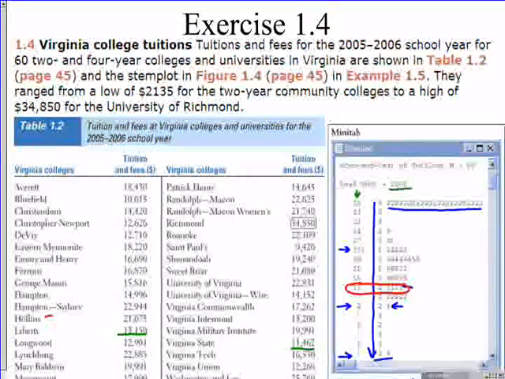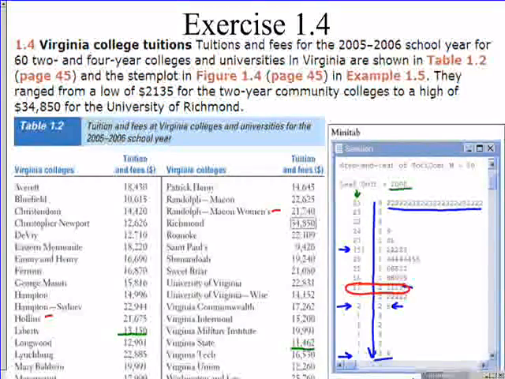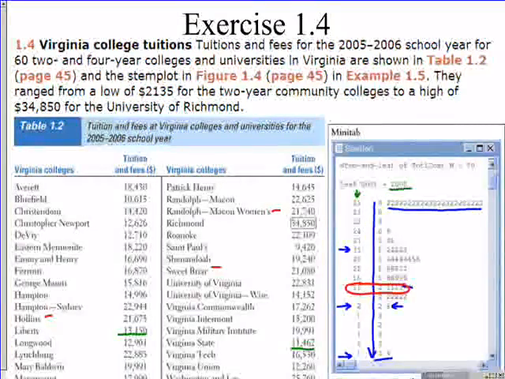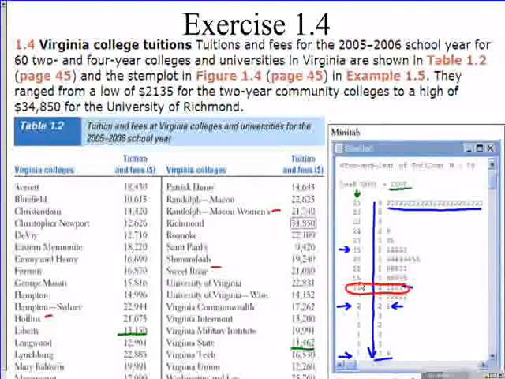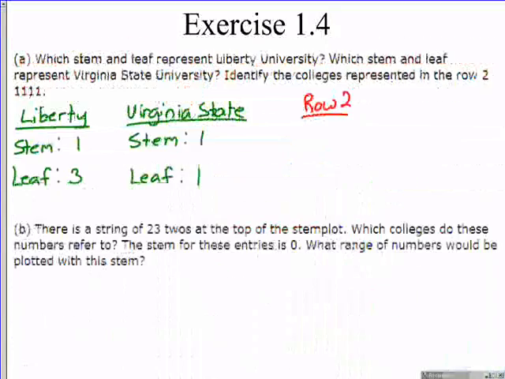There's one there that costs $21,000. There's one there that costs $21,000. There's one there that costs $21,000. And the bottom one you can't see here on your screen, but you should have it on your paper. So there are 4 schools that cost $21,000, which we knew because there were 4 schools in that row. They are Hollins, Randolph-Macon Women's College, Sweet Briar, and William and Mary.